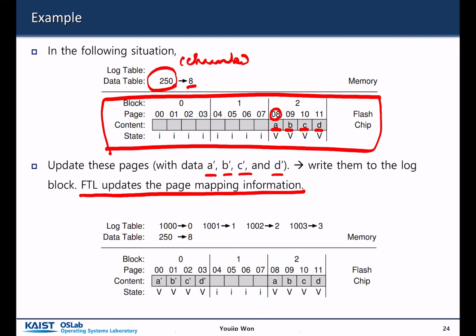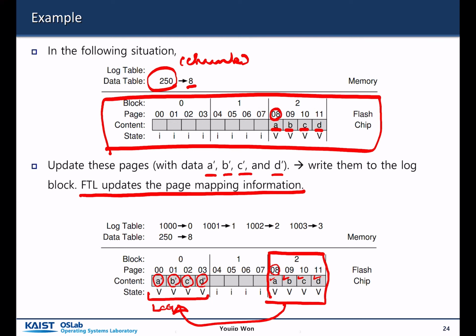Originally, the block that starts with page number 8 contains A, B, C, and D. For this block, there is a matching log block maintained by page mapping. If you write A prime, B prime, C prime, and D prime, they are written to the log block as follows: A prime here, B prime here, C prime here, and D prime here. And this log block is maintained by the page mapping table.